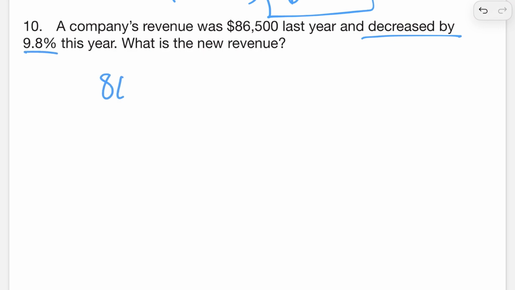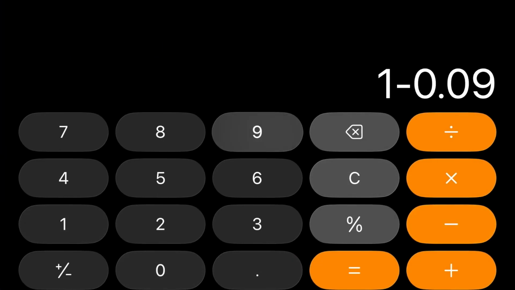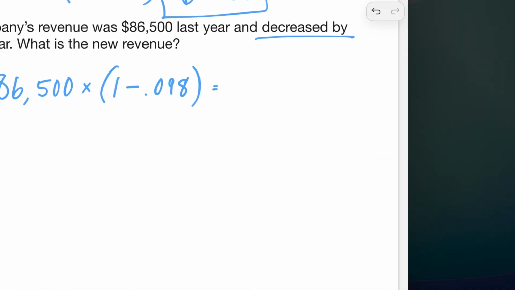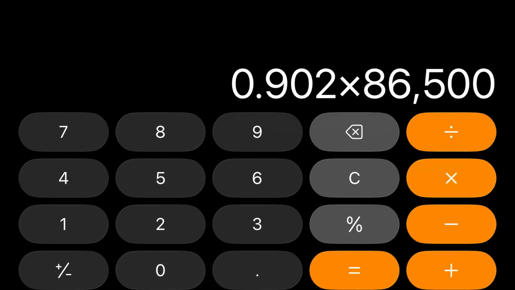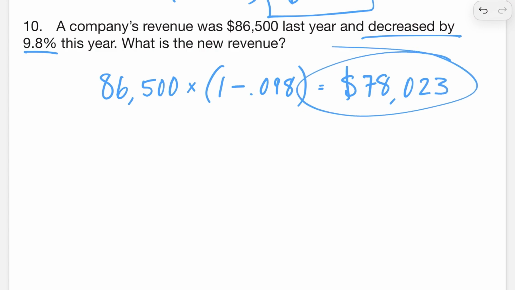We're going to start with $86,500 and multiply it by 1 minus 0.098 to get our answer. 1 minus 0.098 equals 0.902, and then 86,500 times 0.902 gets us an answer of 78,023. 78,023 is the new revenue for this year.